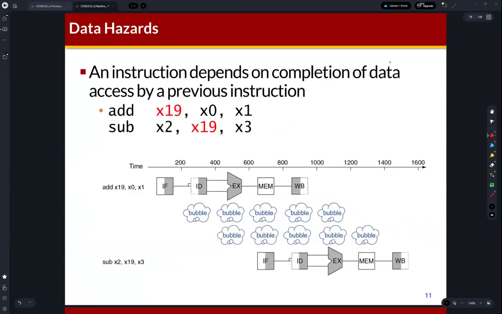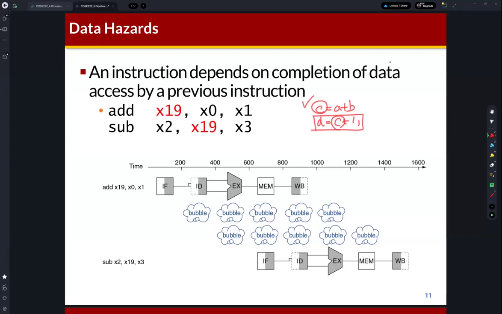So, data hazard. As I mentioned, the data hazard is caused by data dependencies. And as I mentioned, we can frequently observe data dependencies in our applications. For example, C equals A plus B, and then D equals C plus 1, like this. So in order to perform the latter statement, the former statement needs to complete.